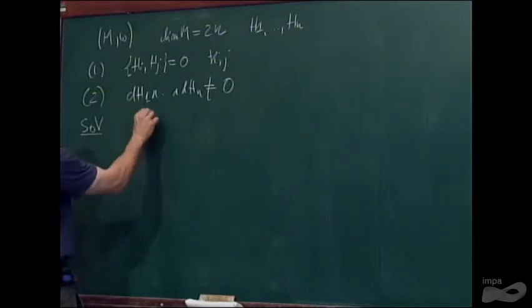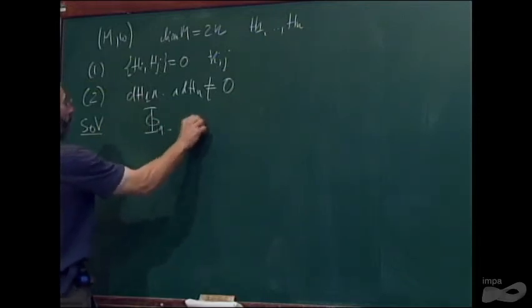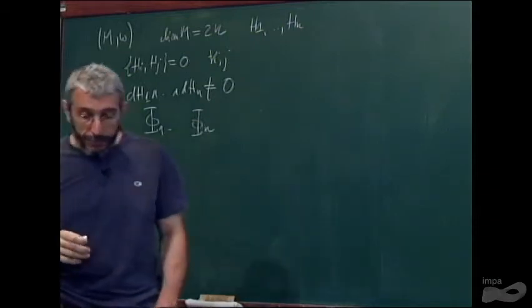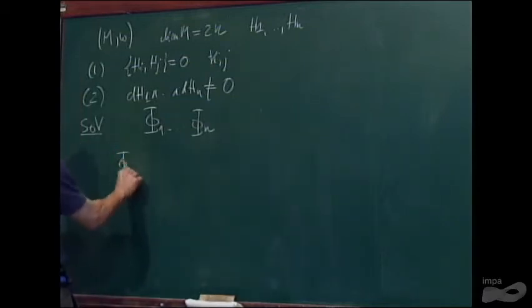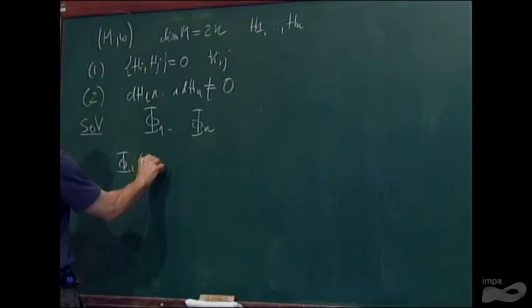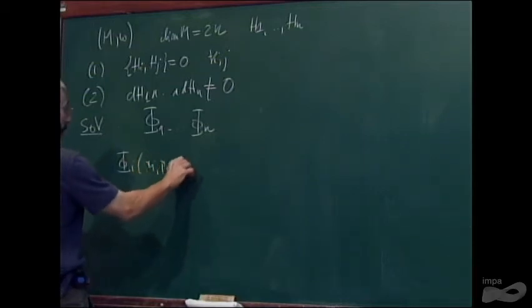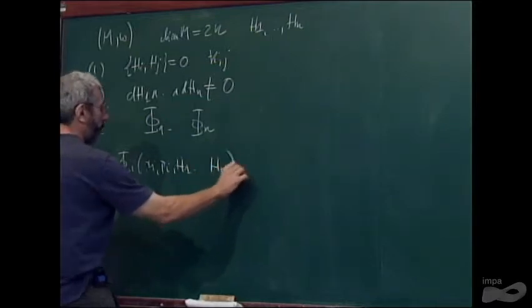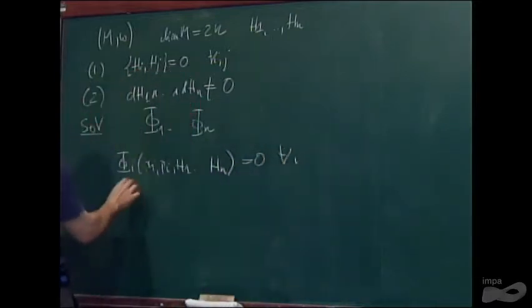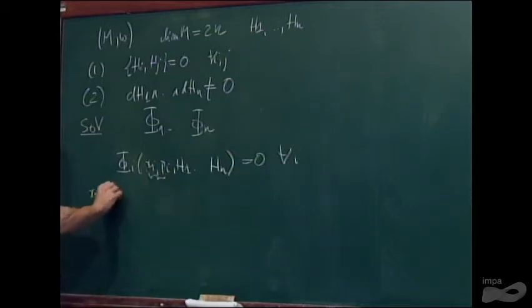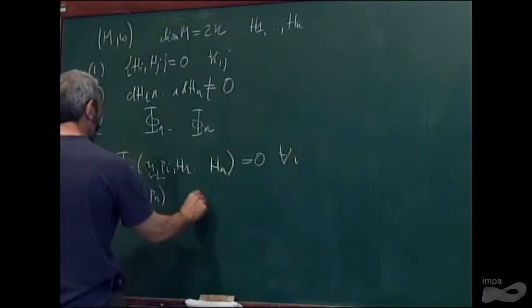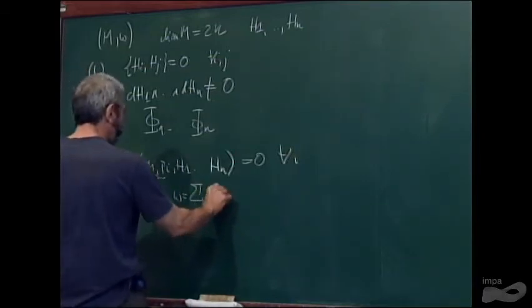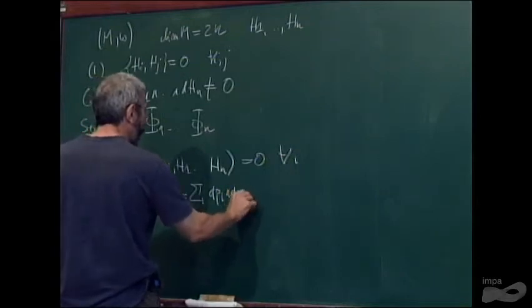It means that we can find n relations which relate pairs of canonically conjugate variables, these canonical variables for the symplectic form.